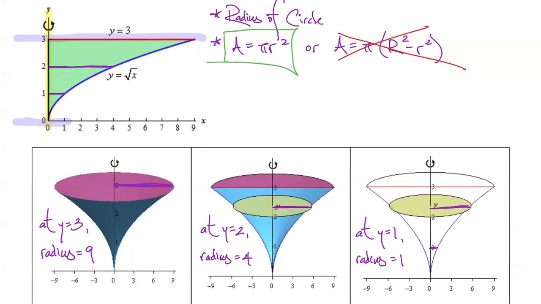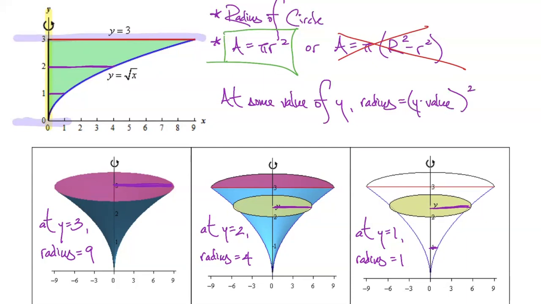The pattern here: at some value of y, the radius equals the y value squared. Okay, the radius equals the y value squared.